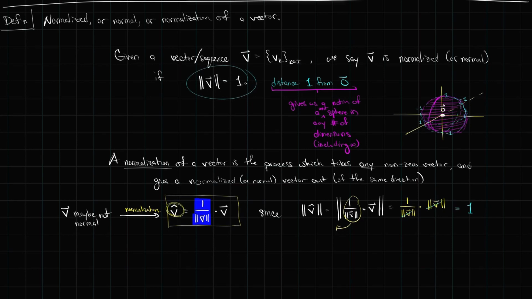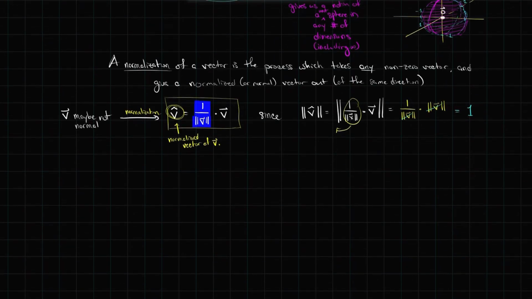So this object we can call the normalized vector of the original one, v. And I'll use this notion of a hat. A lot of people don't use that notion, so be careful, because just because I use that notion doesn't mean everybody does.